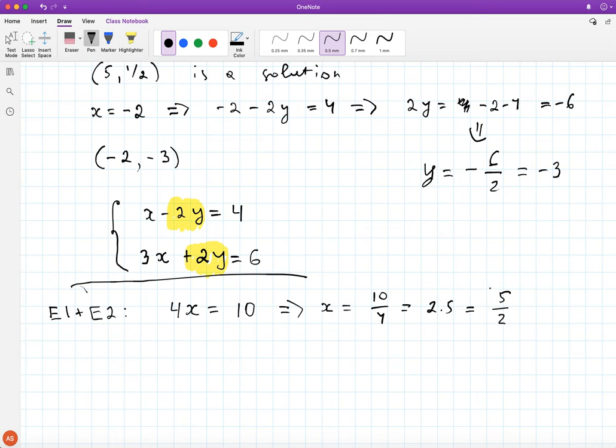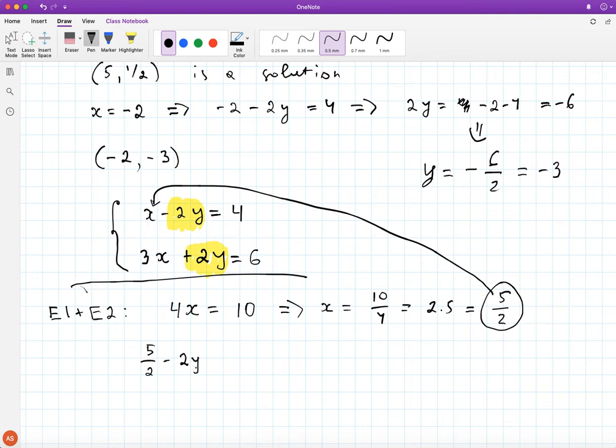Once we found the value of x, we can plug it into either of these two equations and then solve for y. Let's, for example, plug in the x value of 5 halves into the first equation in the system. Then we find that 5 halves minus 2y equals 4. And we can now solve for y. 2y will have to be equal to 5 halves minus 4, or after making a common denominator, 5 minus 8 over 2, which is negative 3 halves.